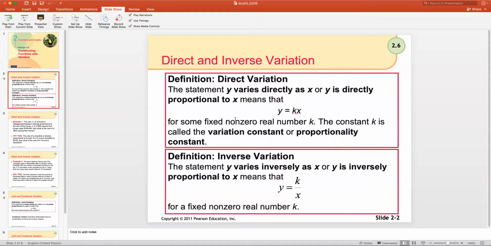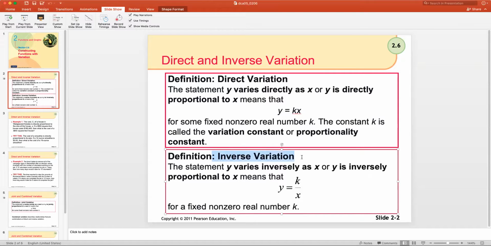By the way, in direct variations, when you look at the equation y equals kx, it means this: as x is increased, y is increased by a multiple of k. But the inverse variation is the opposite. If one of the variables increases, the other variable decreases. If one of the variables decreases, then the other variable increases. That is called inverse variation.